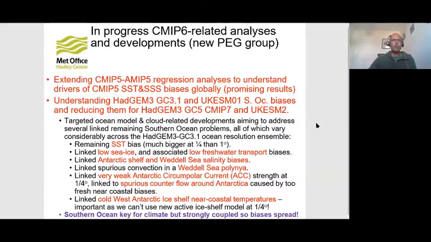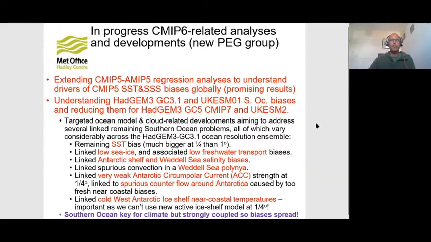So these include the remaining SST bias, particularly south of 50, which we think is in part linked to supercooled liquid water, but also is very resolution dependent. It's very much smaller in the 1 degree than the 1/4 degree model that I've shown today.